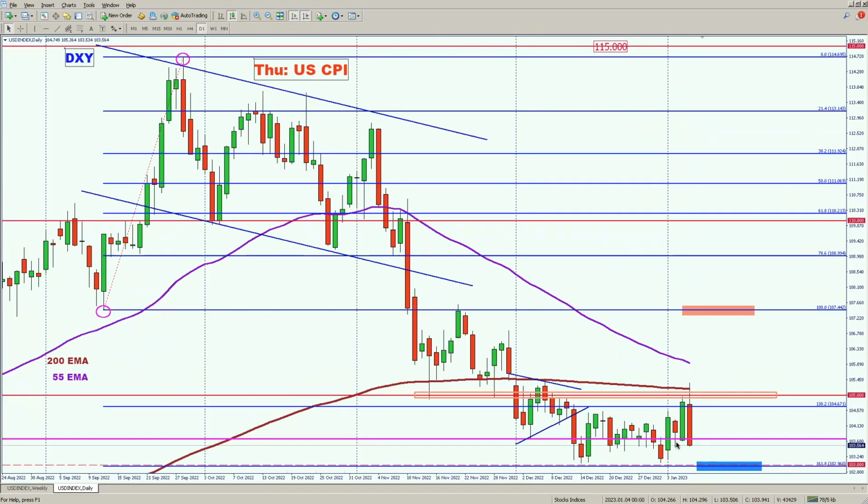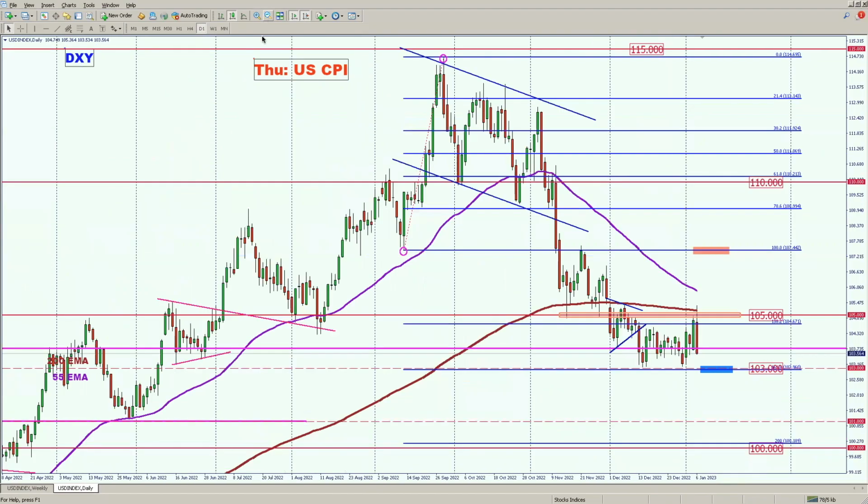So it's been oscillating around that trend line. We'll see whether it's able to stay above the 103. Seems like that's a key level here. And it definitely needs to climb back up above 105 if it's going to recover.